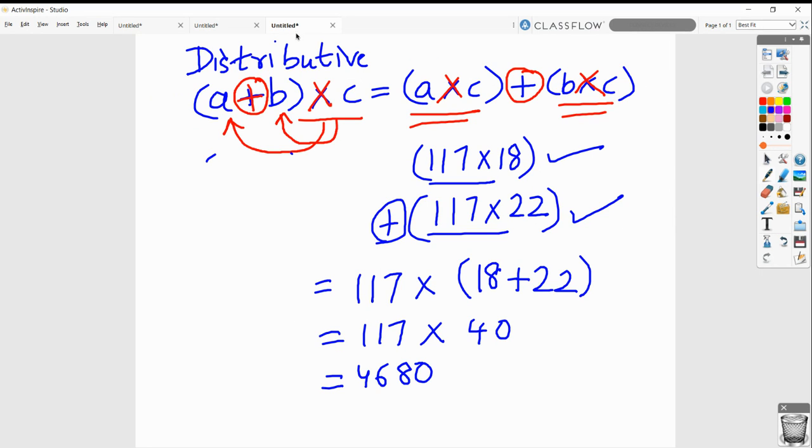What do I mean by left and right? The thing that was getting distributed is on the right side, so that becomes a right distributive. And in the other example, the thing that was getting distributed, the 117, is on the left side. So it is called the left distributive. That's it.